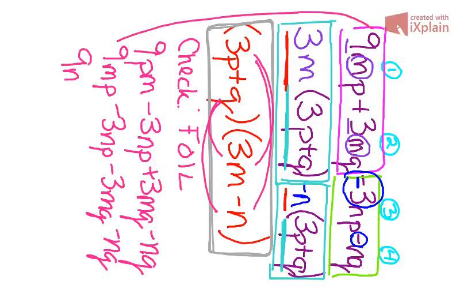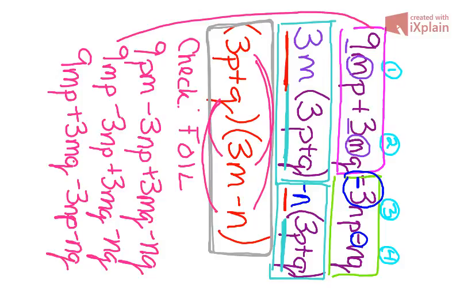So we do have a 9mp. Do I have a positive 3mq? Oh, I do. I just forgot to make that positive. So we have plus 3mq. I have a negative 3np, and then I have a negative nq. So it does check out. I did get back to my original problem, so that means that the answer that I have boxed in gray is the correct solution.